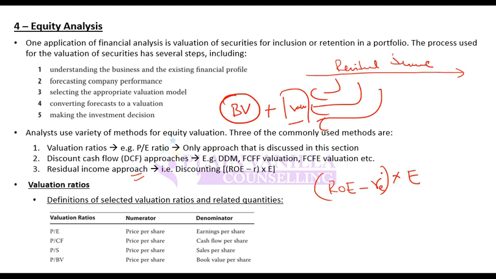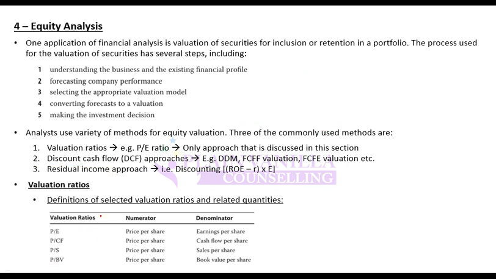So you forecast this residual income for all the years, discount it back, and add it to the current book value, and that gives you the value of the company. The required return is the cost of equity. Yes. So these are the different methods which you use.